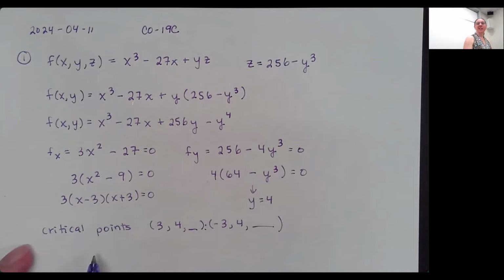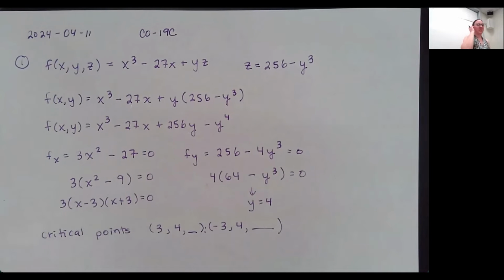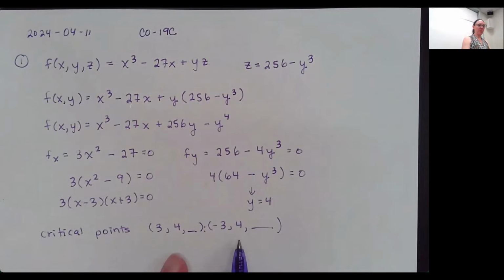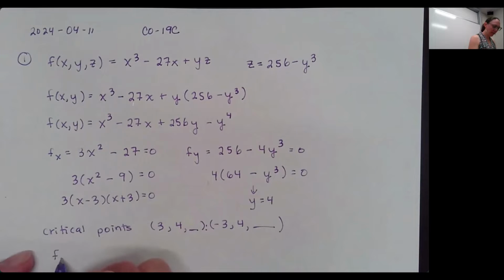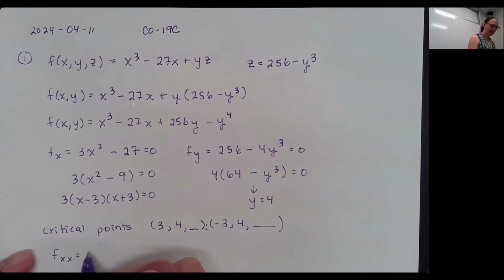So now we can do our Hessian, or the determinant of the second partials matrix, to determine which one of those is a minimum. If either one is a minimum, hopefully I didn't screw up. Hopefully they're not both saddle points. So let's see. My second partial with respect to x twice, you get 6x.